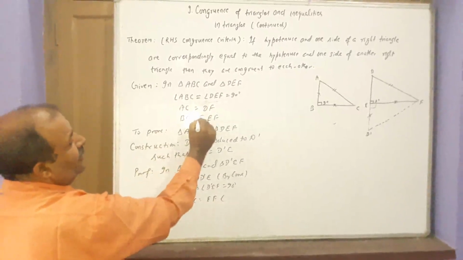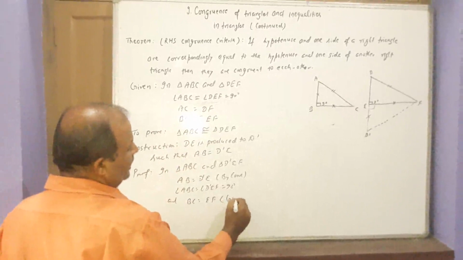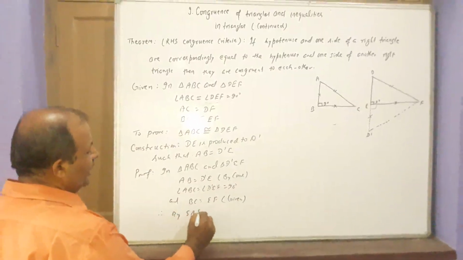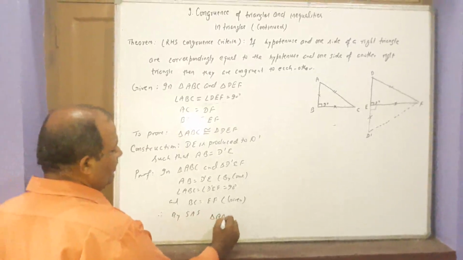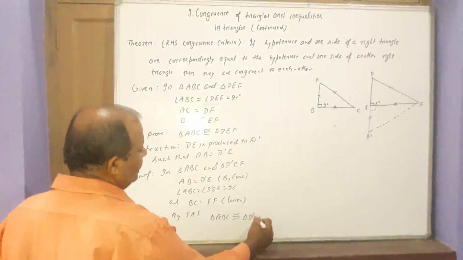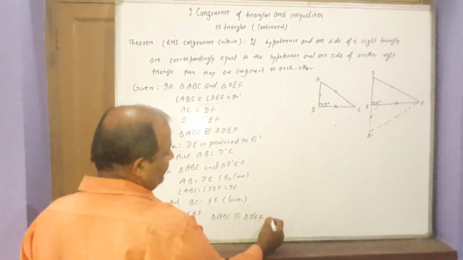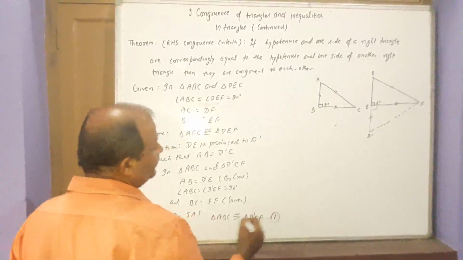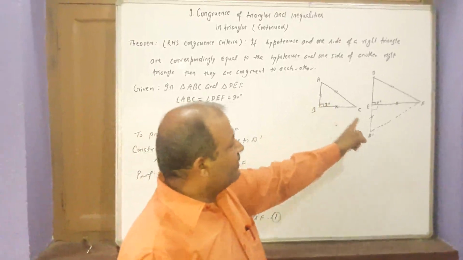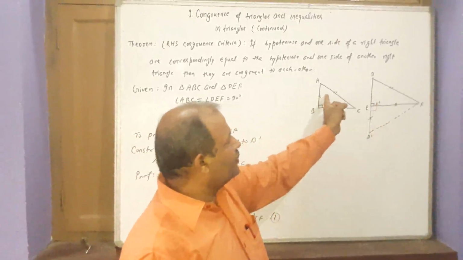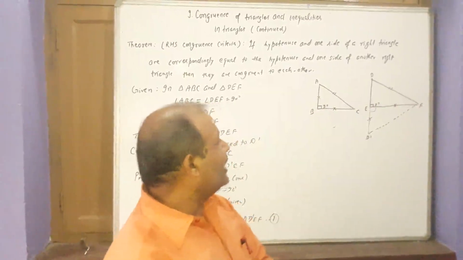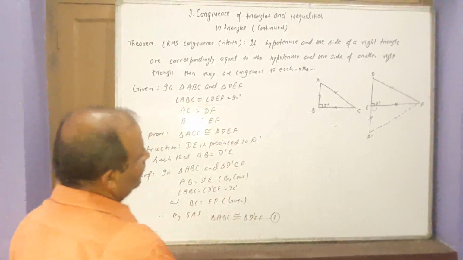It is already given. And therefore by SAS, triangle ABC is congruent to triangle D dash EF. This is your first equation. Here we have proved side, angle, side, and therefore triangle ABC is congruent to triangle D dash EF by SAS congruence criteria.